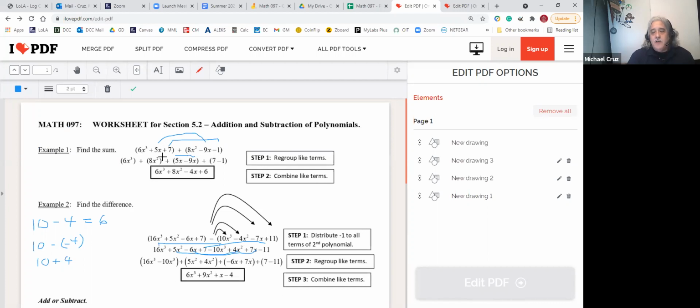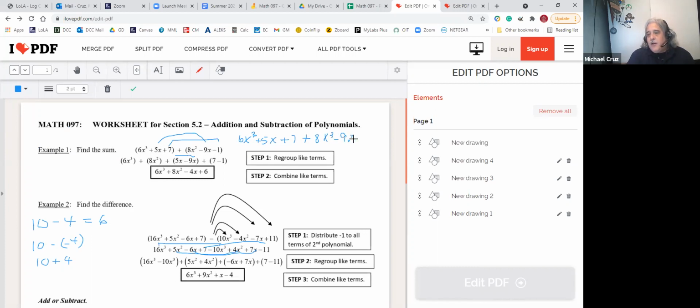As I said over here, you could essentially just rewrite this without the parentheses and just stack all these horizontally and then do what they do in that second step there.